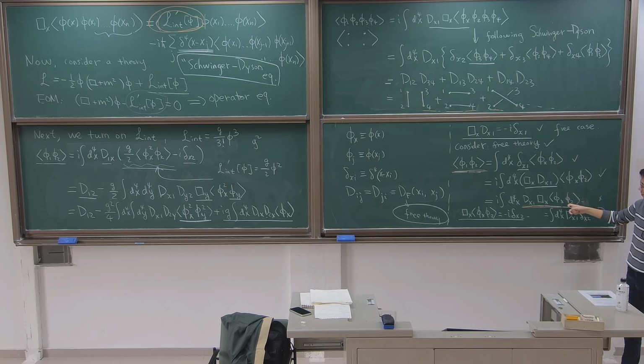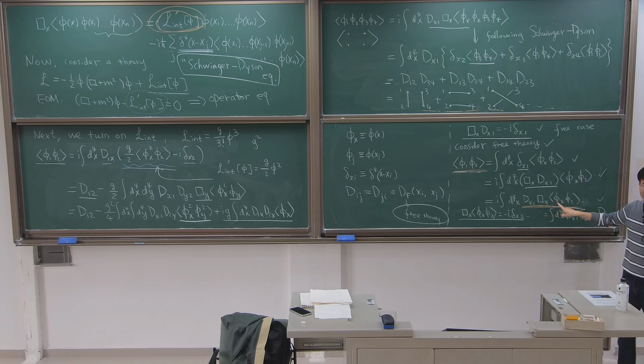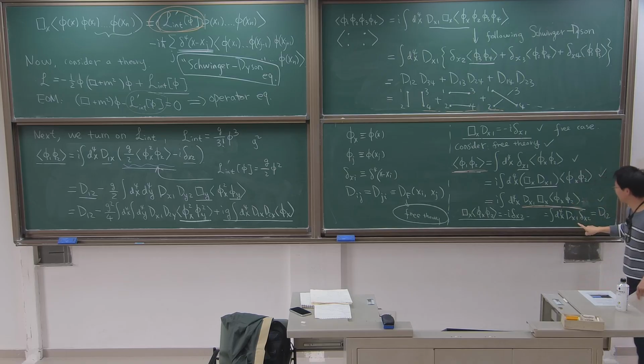Now, this step to this step is just, up to a total derivative, exchanging the order for this derivative acting. So of course, this is also okay. If you see this bracket is for the interacting case, this will be okay. Now, in the interacting case, box acting on phi. Now this step to this step is not okay.